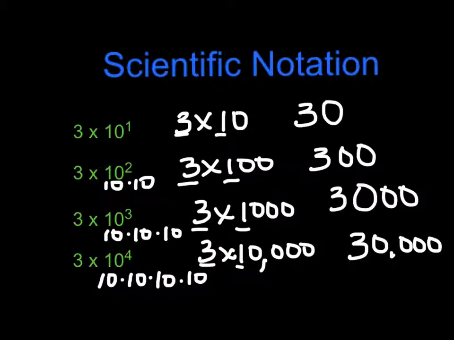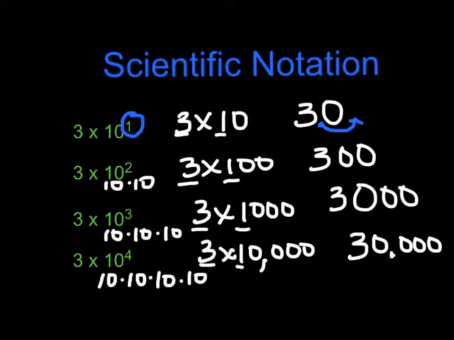Now, looking at this pattern this way, it looks like scientific notation is a matter of adding zeros onto the end of the number, but it's actually a matter of moving your decimal. On the number 3, your decimal comes after the 3. So multiplying by 10, like we did here, you move the decimal 1 place to the right, which matches your exponent of 1.